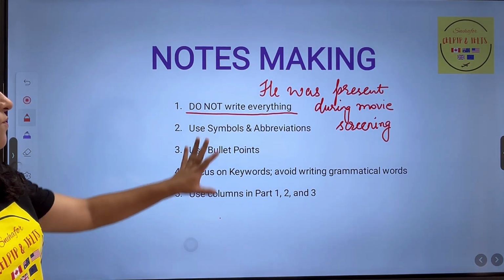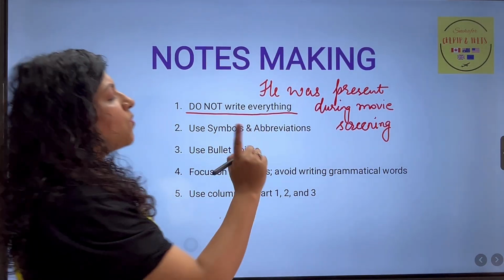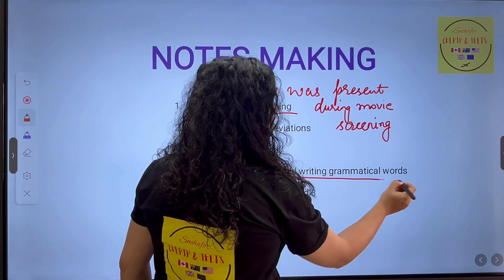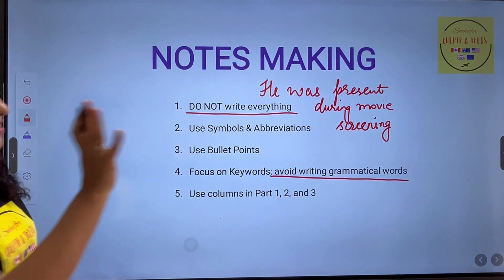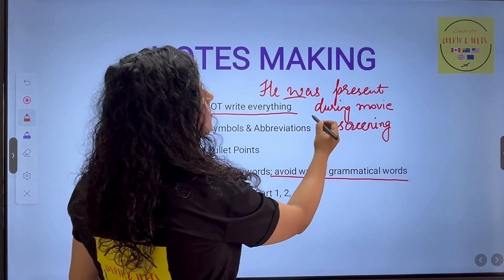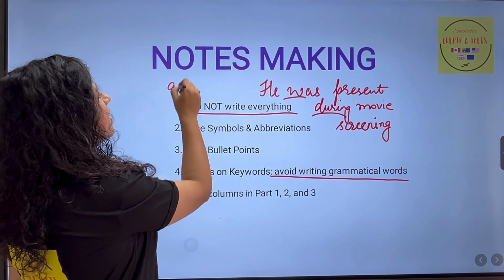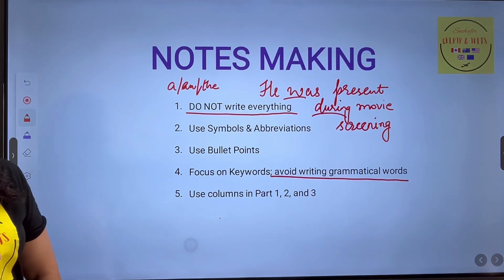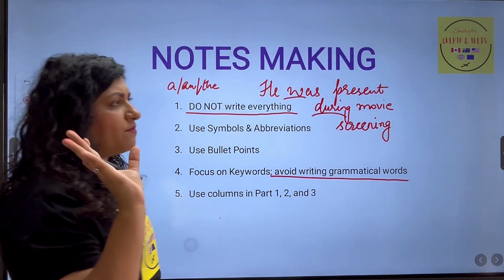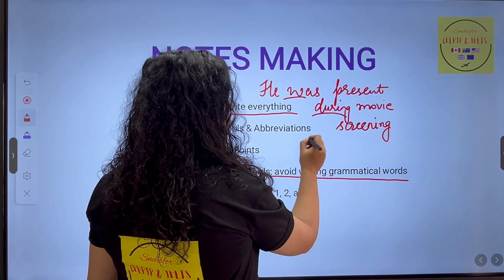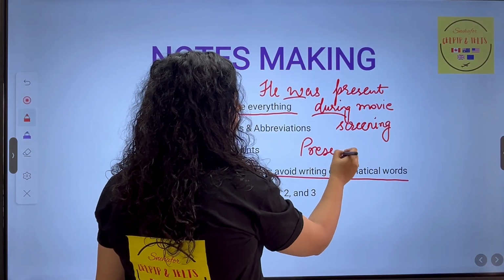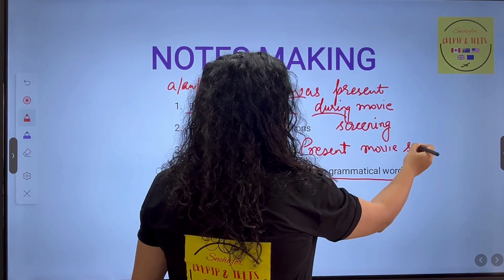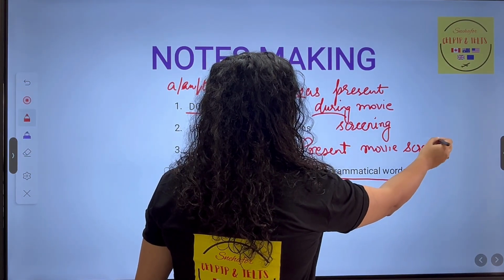Now what we're going to write in our notes is only the main words. You need not write grammatical words. Grammatical words are words like was, during, and articles like a, and, the. All these are grammatical words, so totally avoid them. Focus only on the main words. So the main words will be, let's say we are talking about he, so I will just write present, and then I will write movie, and then I will write screening.